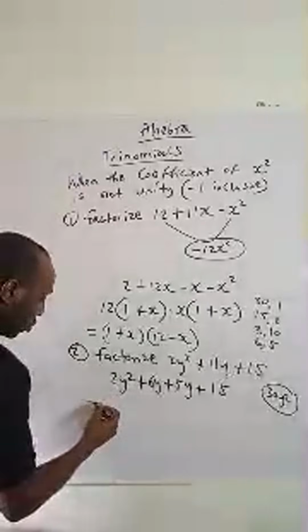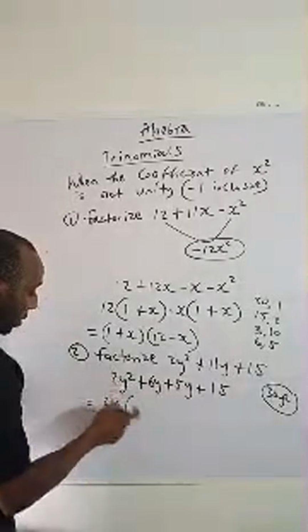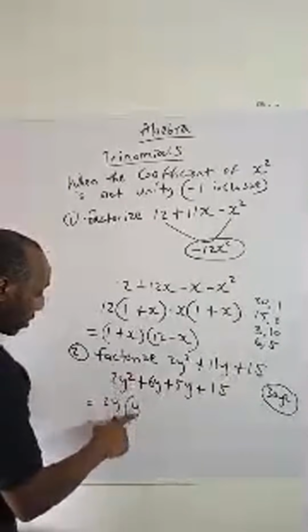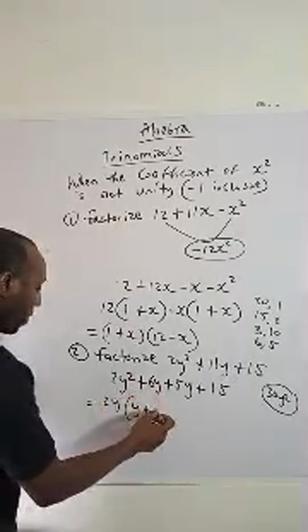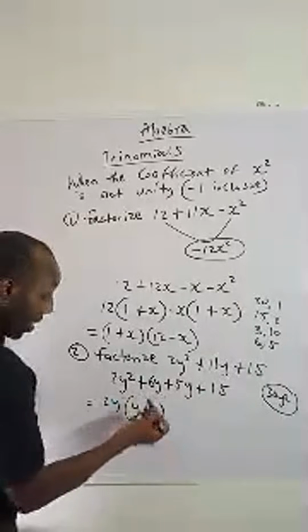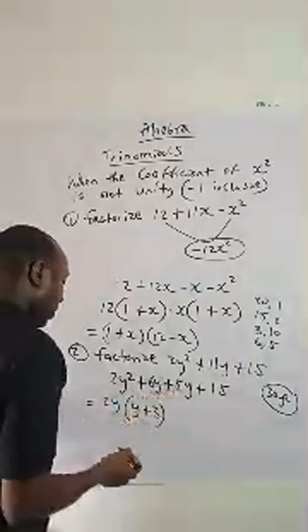So I'm going to have 2y bracket. What is 2y into 2y squared? That's y. Because 2 divided by 2, you get 1. y into y squared is y. So plus 2 goes into 6, you have 3. y divides y, you have 1, which is still going to be 3.